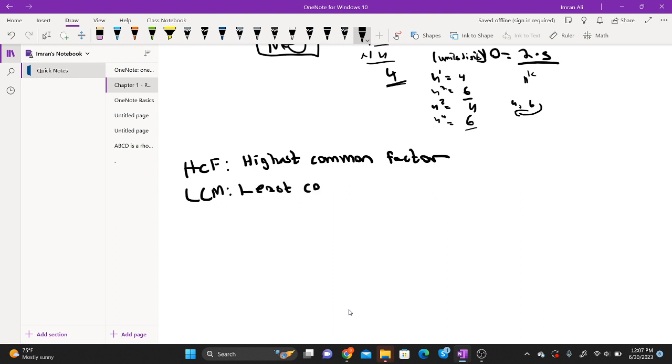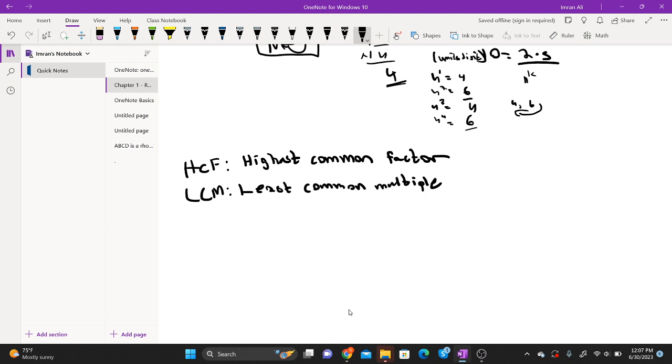Now, if you study from outside sources, which you might not want to because NCERT does not use any other term, in other books you might find it called GCD or GCF. That's usually in other countries as well, but NCERT uses highest common factor, or HCF.